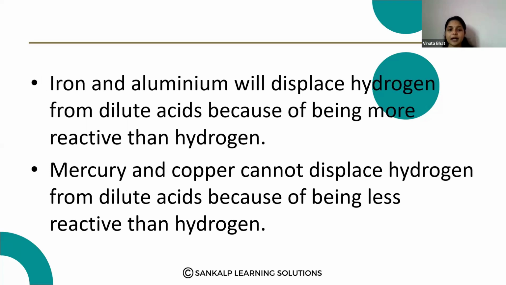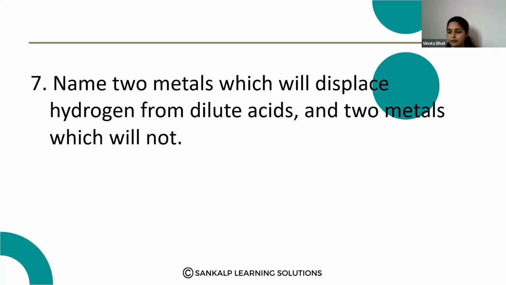Iron and aluminium will displace the hydrogen from dilute acids, such as HCl, because they are more reactive than hydrogen. But mercury and copper cannot displace the hydrogen from dilute acids because they are less reactive than hydrogen. Please note down this question.